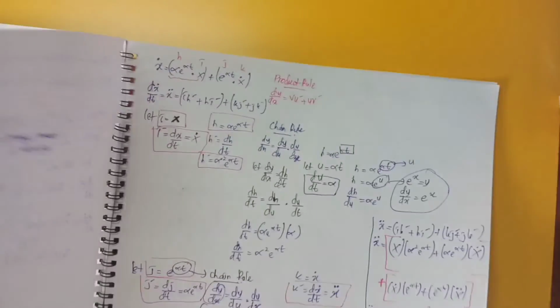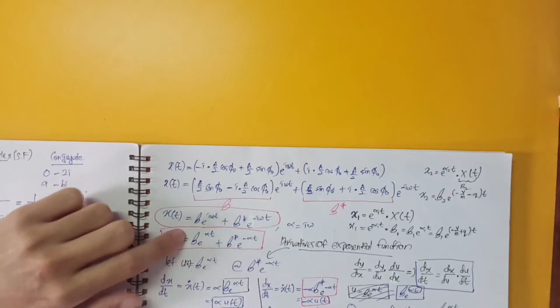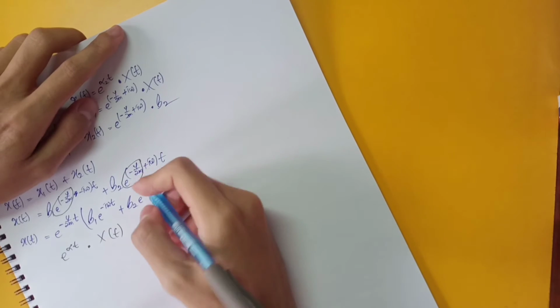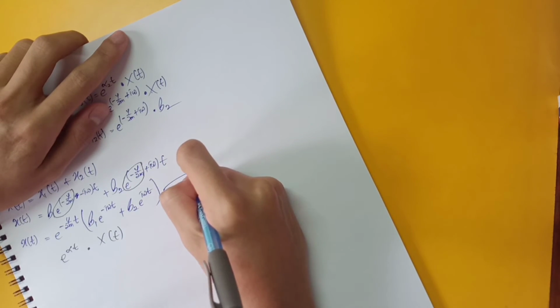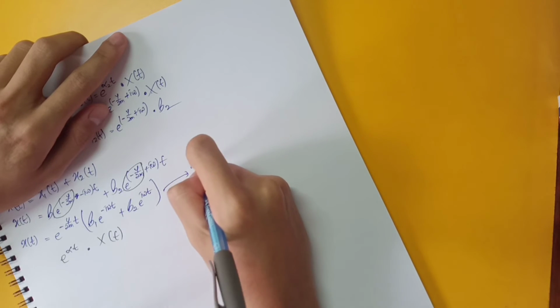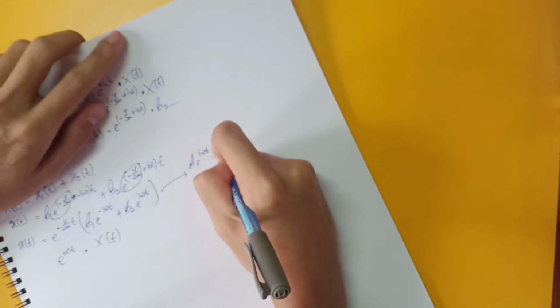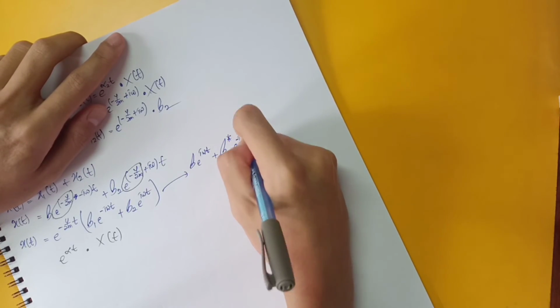This represents beta exponential i omega t plus beta star exponential power of negative i omega t.